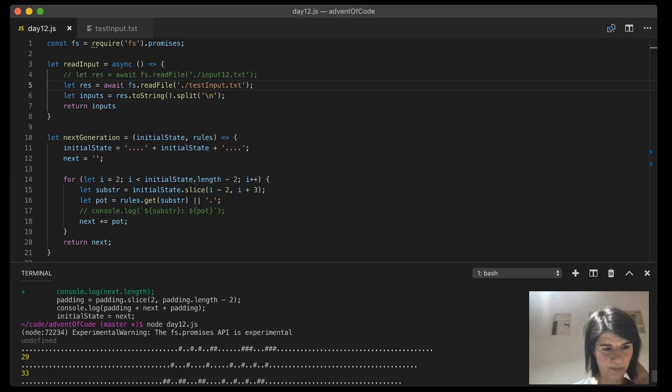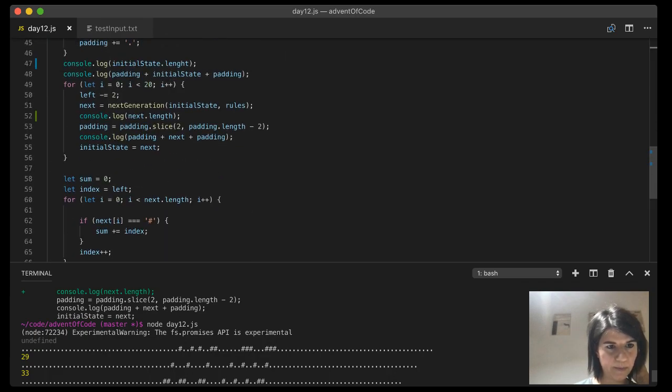All right, so at first, the initial state is 29 long, and we're padding 40 and 40 on the left and on the right. Okay, and then we're computing the next generation, which is now 33 long because it grew a little bit.